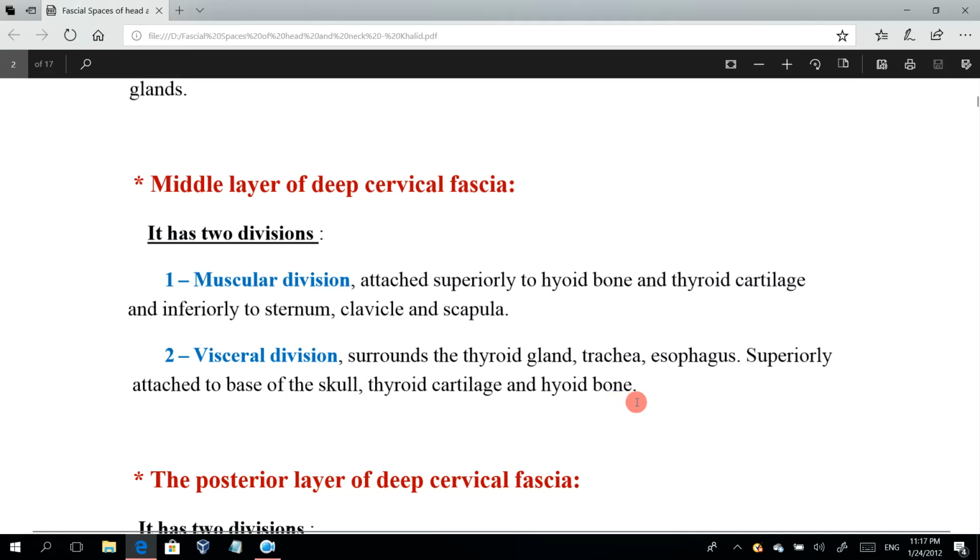And inferiorly it descends to the middle mediastinum. The mediastinum is the central part of the thoracic cavity, which contains the heart and the great vessels. After this visceral division encloses the thyroid, trachea, and esophagus, it descends to the thoracic cavity and ends at the pericardium.